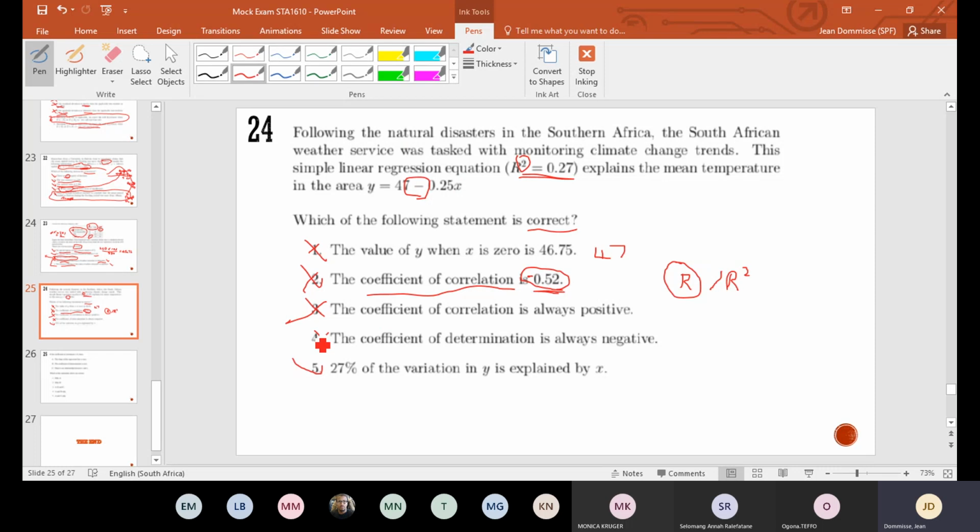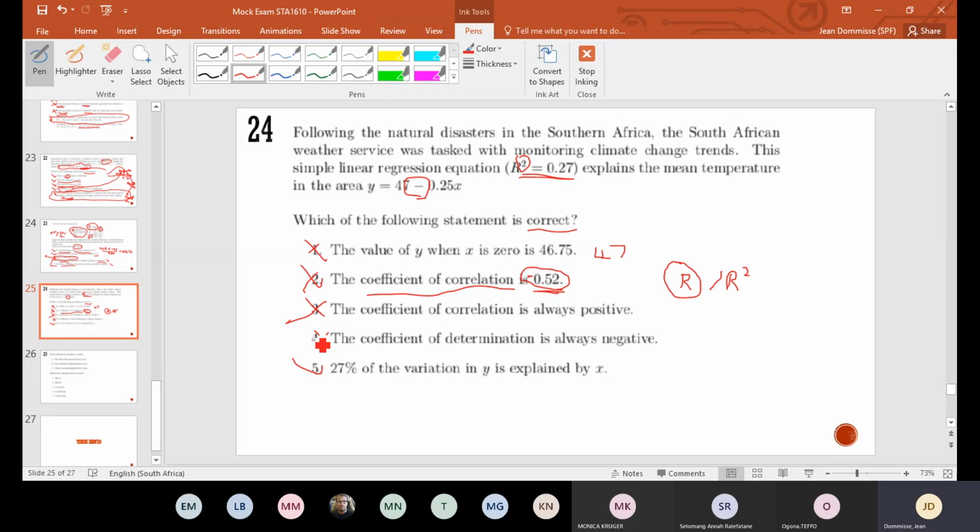I wouldn't have gone on to even look at the other ones, because I would have said 0.27, the square root of that is 0.52, and that was my answer. But because the correlation is negative, that needs to be minus 0.52.